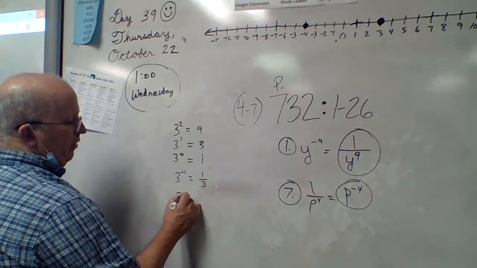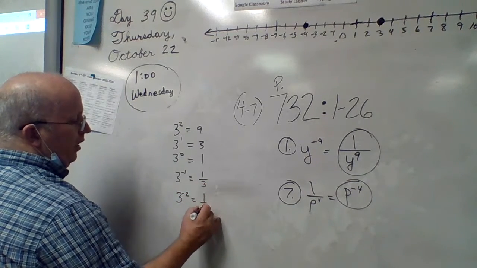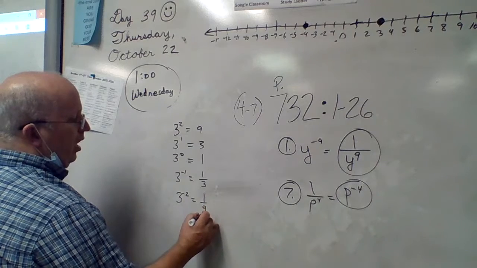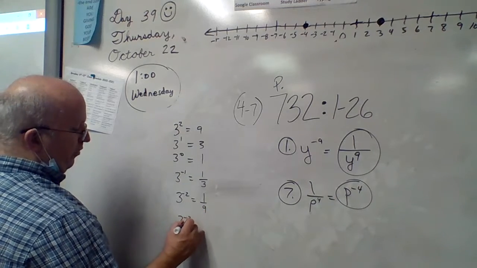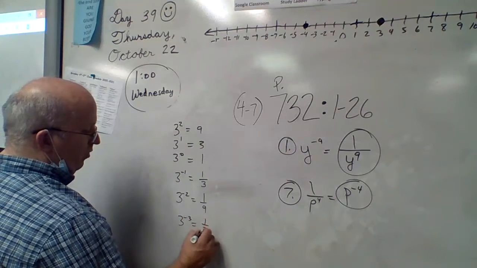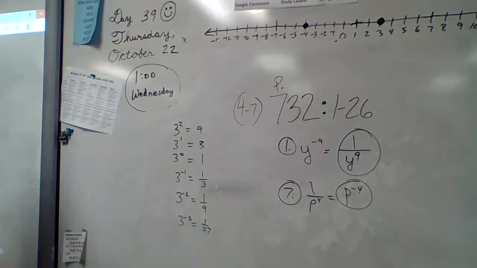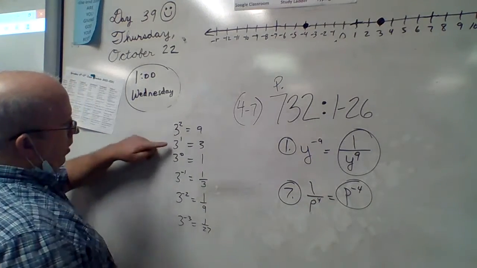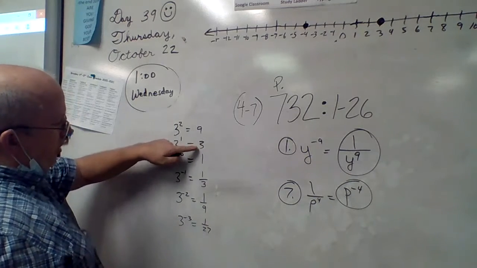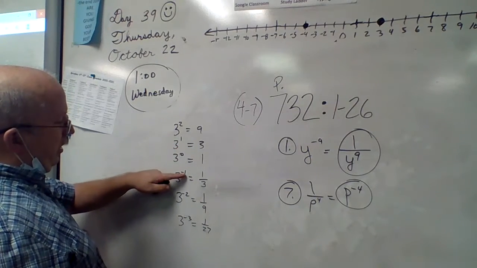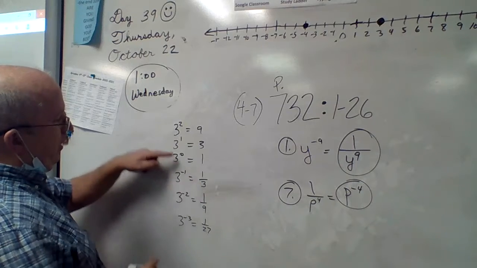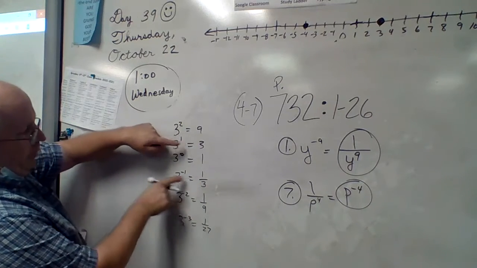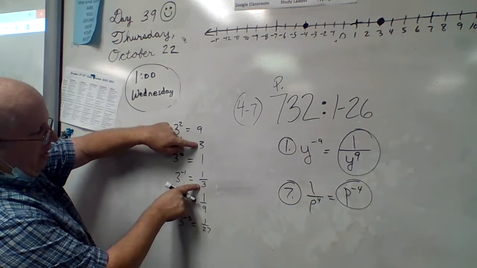And 3 to the -2nd would actually equal 1 over 9. And 3 to the -3rd would actually equal 1 over 27. Where am I getting that from, Mr. Paco? Well, 3 to the 1st is really 3, right? So 3 to the -1st has to be 1 over 3. These are just simply reciprocals of each other when you're looking at the answers.